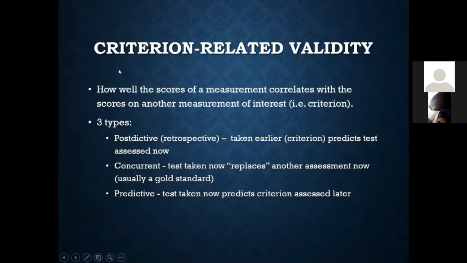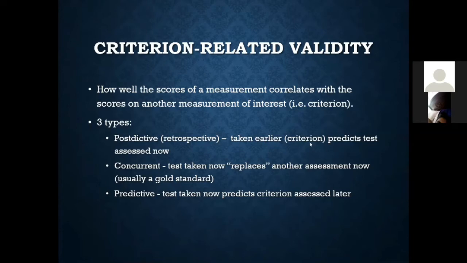Let's move on to criterion related validity. Criterion related validity is about how well the score of a measurement correlates with the score on another measurement of interest. There are three types of criterion related validity. The first one is post-dictive validity, or retrospective.